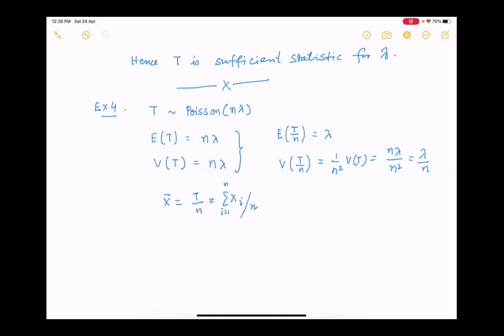The problem is we do not know the exact distribution of X bar.